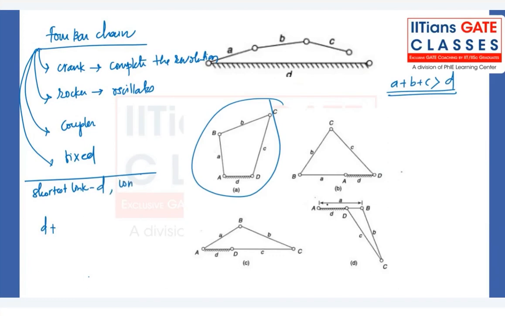Okay, longest is C. So D plus C, if it is less than the sum of the other two, A plus B. Let's try to understand what I'm saying.